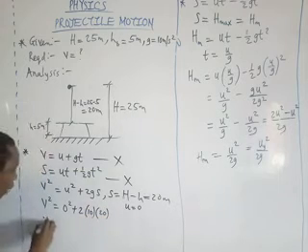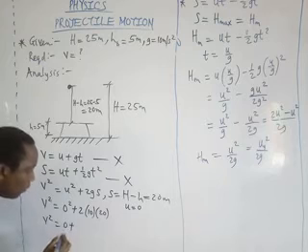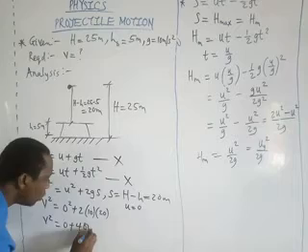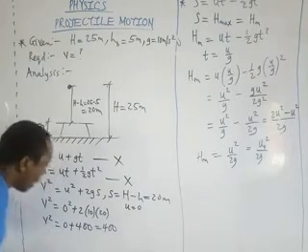So I have V squared is equal to 0. 0 squared will give us 0. I believe you know that. 2 times 10, 20. 20 squared will give us 400. When you add 0 and 400 together, you will produce your 400 back.